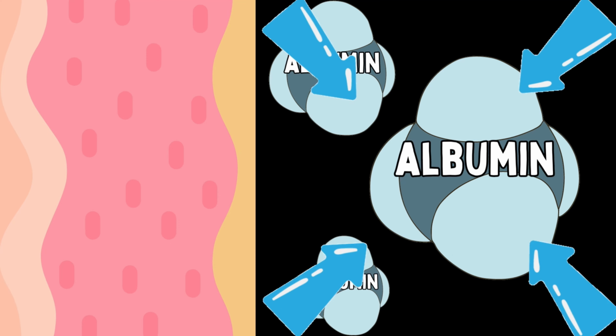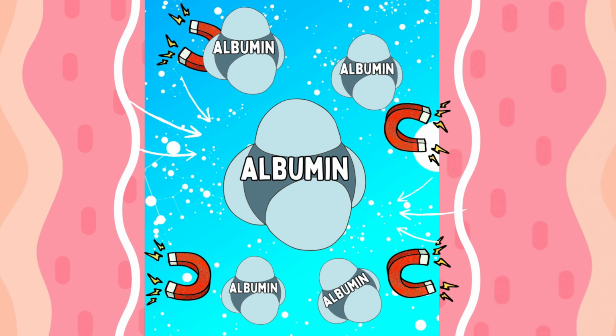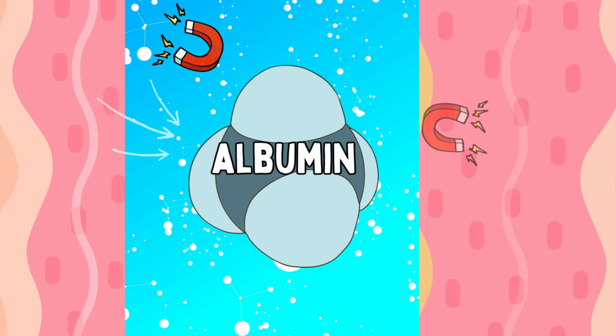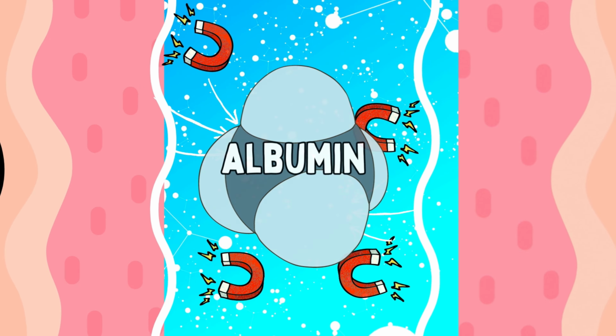So to clarify this even more, albumin is one of the most abundant plasma proteins in our body, but because it's part of the blood plasma, its function is to prevent leaking of water between the vascular space and the tissues. So just by virtue of its size and mass, the albumin molecule naturally holds water in the blood vessels.